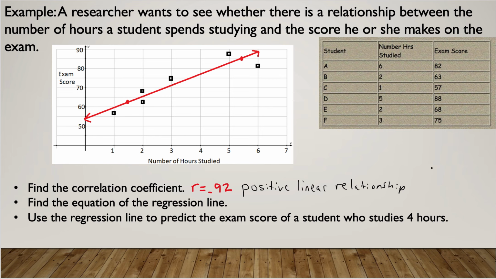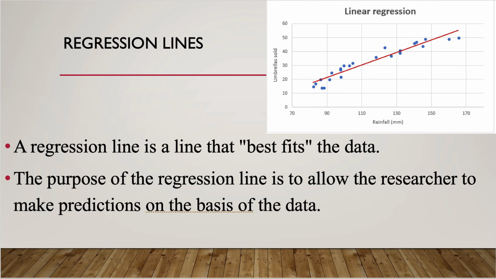Okay, so the next part of this problem says find the equation of the regression line. So we need to talk just a minute about what a regression line is and how we go about finding that. A regression line is a line that best fits the data. If you look at the example on the screen, the data points have a linear pattern to them. They're lining up fairly well, but not perfectly.